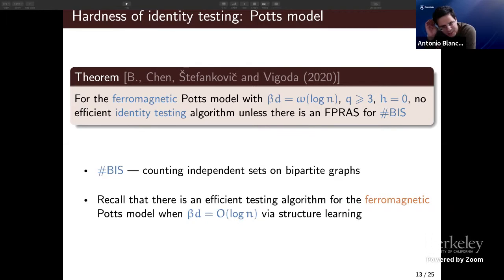You need the parameter estimation, and Klivans-Meka's algorithm gives you both: the graph, and you can also estimate the parameters. In general, at least for the Ising and Potts systems, structure learning seems to be the main obstacle. Once you have the graph, estimating the parameters is easier, and it seems doable, sometimes at the same time.